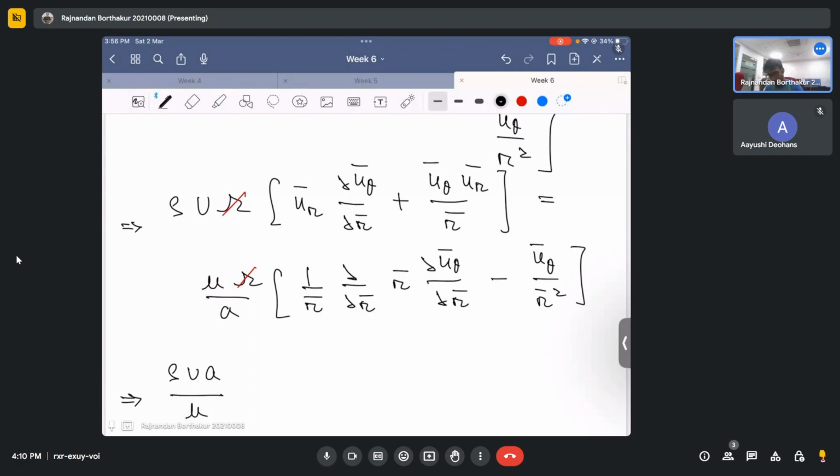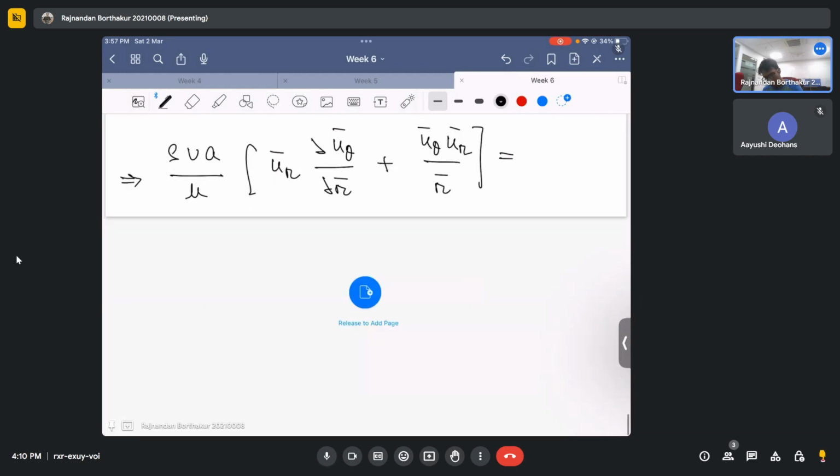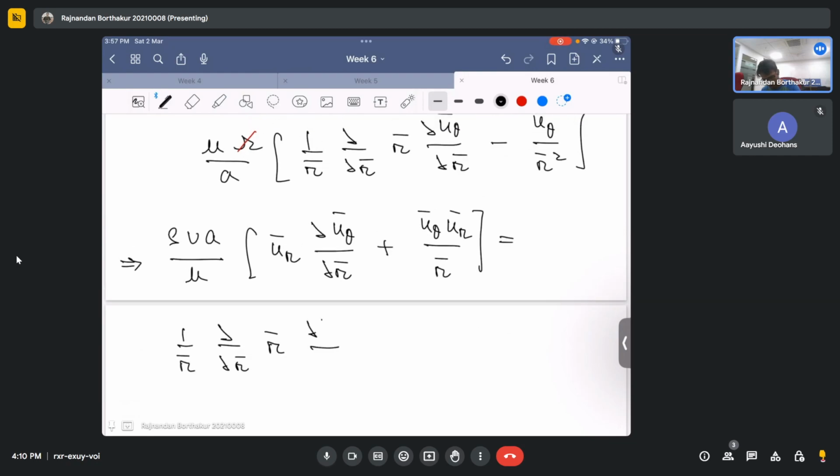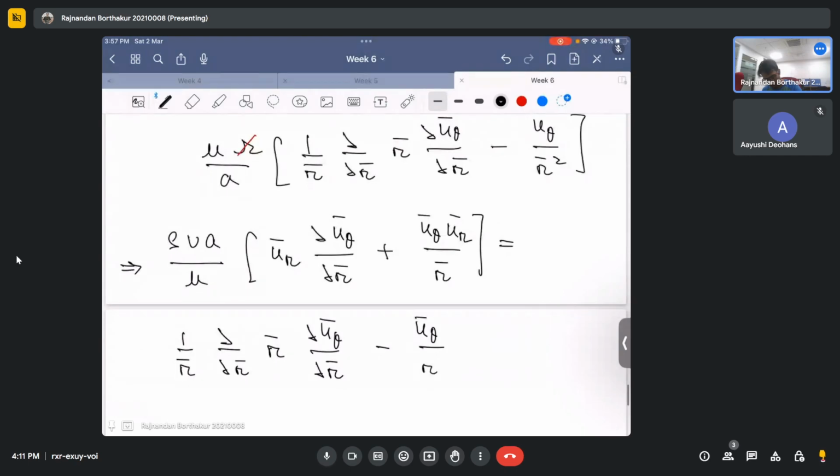Into u_r_bar times the other terms, I'll write it for completeness, plus u_theta_bar u_r_bar by r_bar, and this is equal to the viscous term, which is 1 upon r_bar del del r_bar of r_bar del u_theta_bar by del r_bar minus u_theta_bar by r_bar squared.